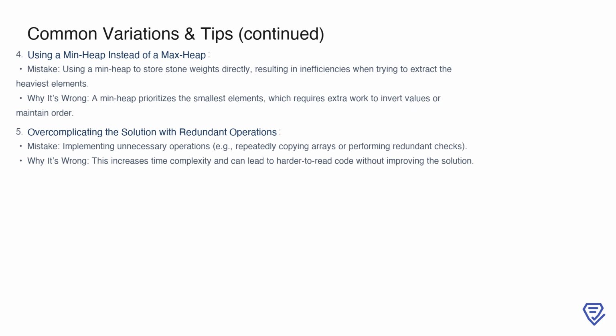Trying to invert values or reorder elements within a min heap adds unnecessary complexity. Additionally, overcomplicating the solution with redundant operations, such as repeatedly copying arrays or performing unnecessary checks, can increase time complexity and make the code harder to read. While it's important to ensure correctness, simplicity and efficiency are key in crafting a well-optimized solution.